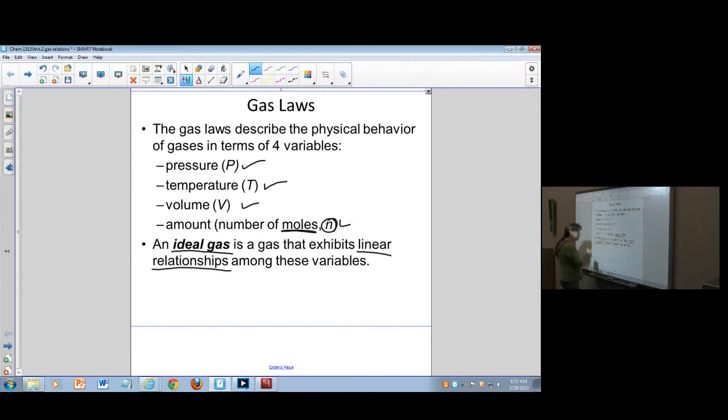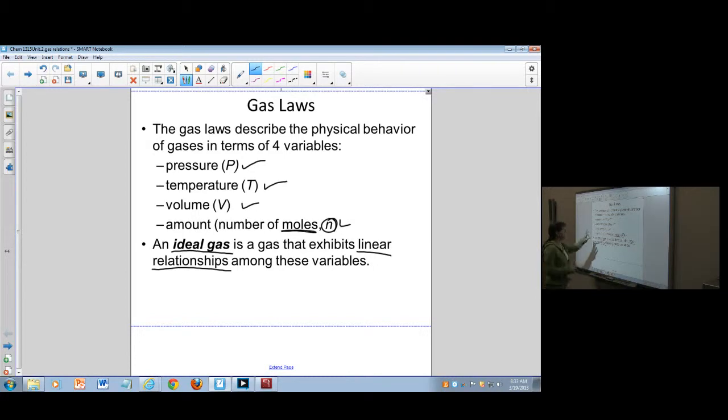So if we graph these out, we want to see a linear relationship between these different variables. However, you can't just do an experiment where you don't control things. So in order to control things, many of these laws that we're about to study only two variables and hold all the rest constant.